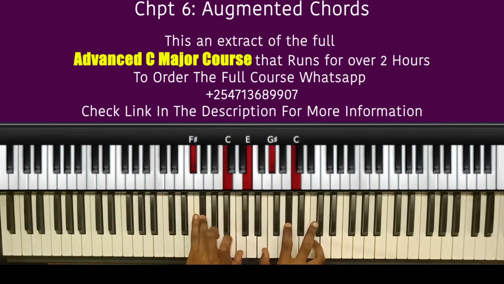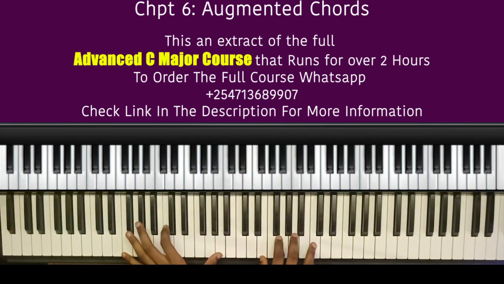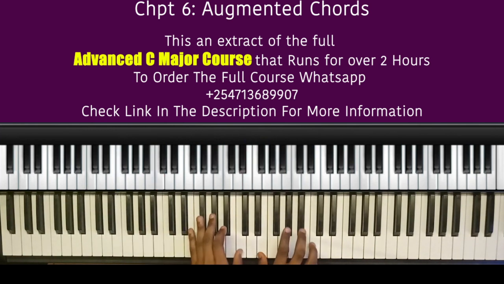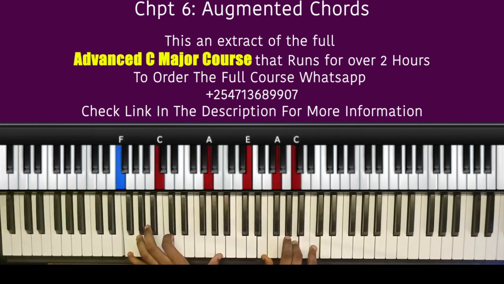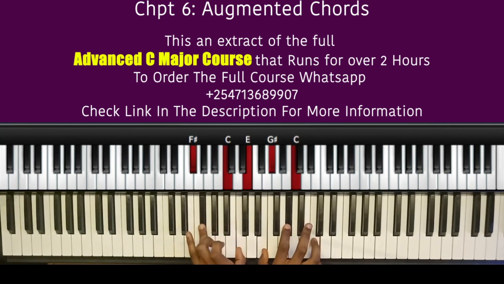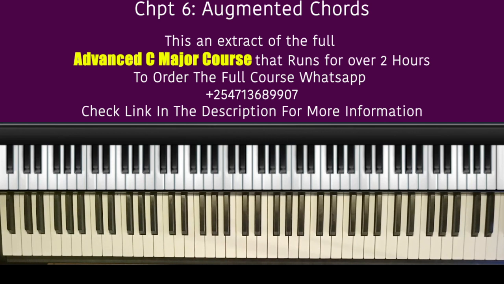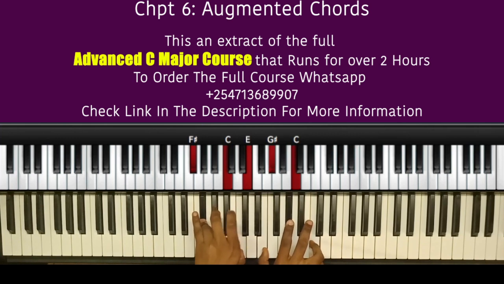Then you have something of that sort. Then to the 4. Okay? So that's an F sharp and C. That's an F sharp tritone on your left hand. Then here you have E, G sharp, and C, which is a C augmented chord but now inverted. So we are starting from C. So it's something like this but now inverted, just inverted. So you have something of that sort. Then to the 4.